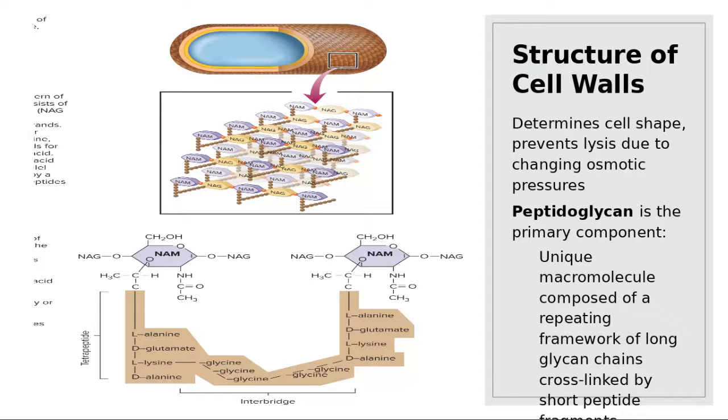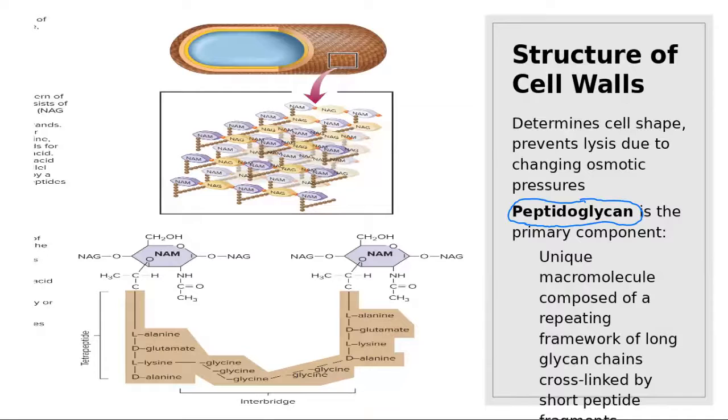Now the cell wall structure. The main molecule that makes up the cell wall is called peptidoglycan. This is the main molecule that makes the cell wall of bacteria. Remember, algae, plants, and fungi also have cell walls, but the molecules that make their cell walls are different compared to the molecule that makes the cell walls of bacteria.